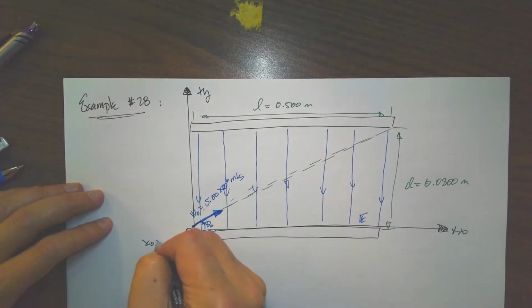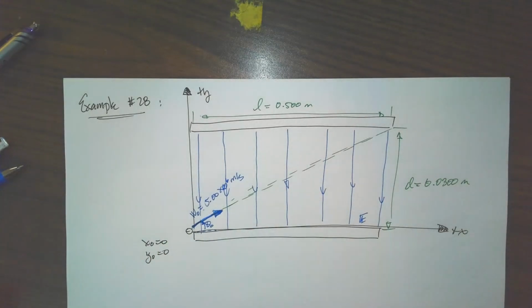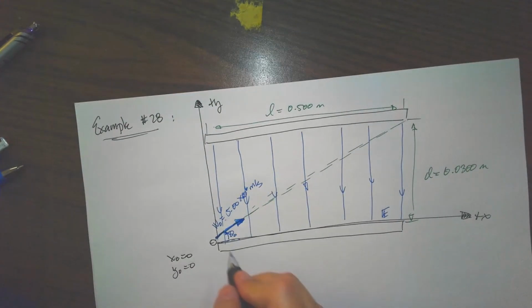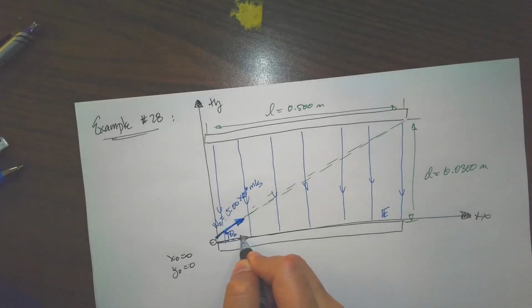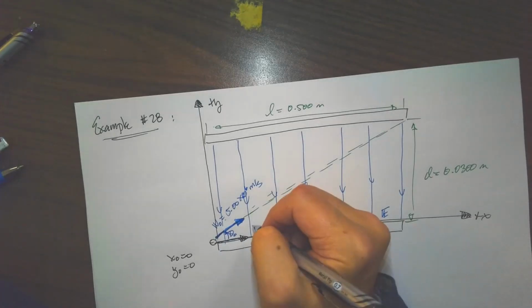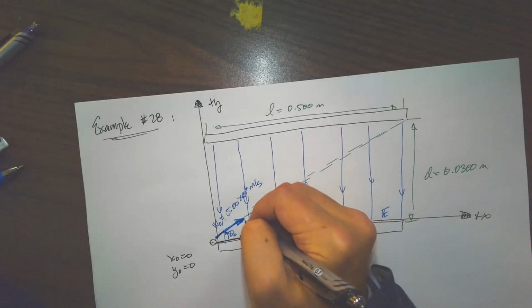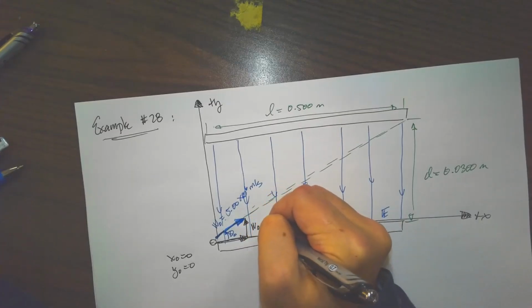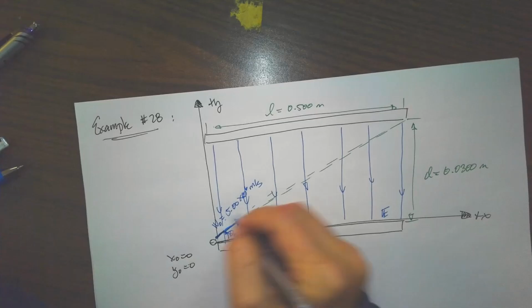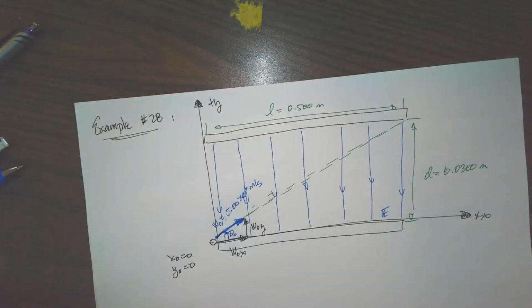And so then my initial x coordinate is 0, the initial y coordinate is 0 because we're initially at the origin. We can find our components of the initial velocity. I'll do a little component triangle like this.